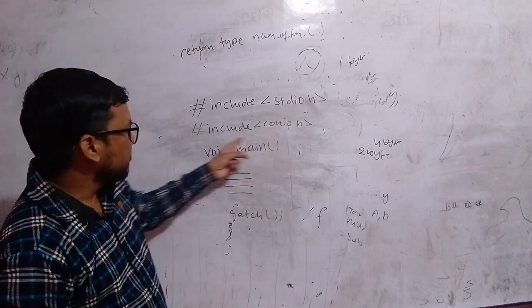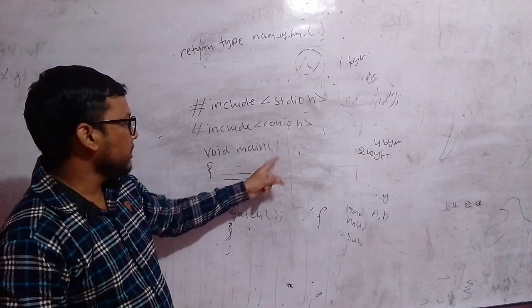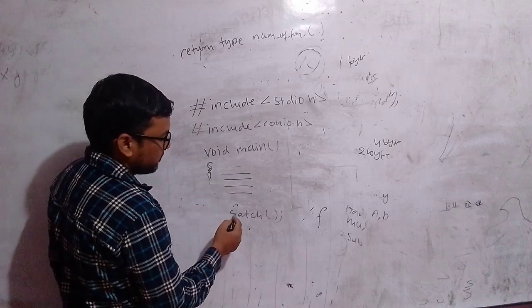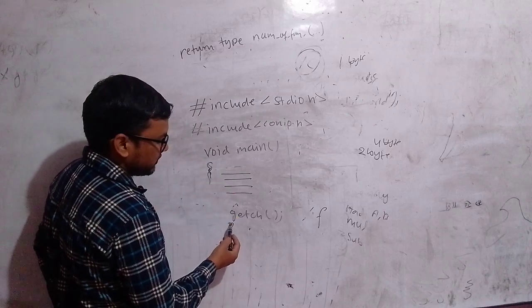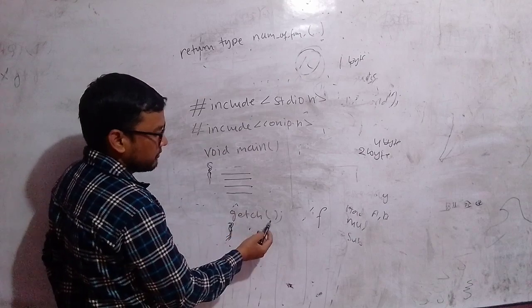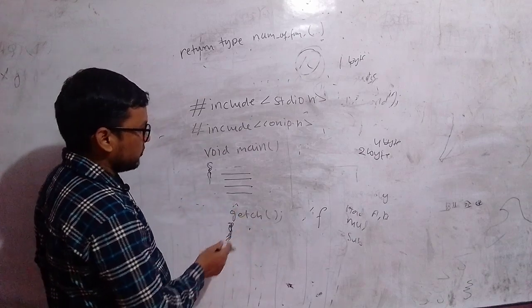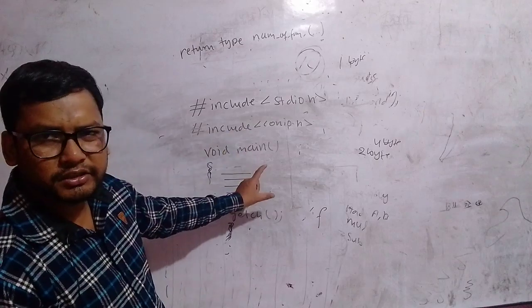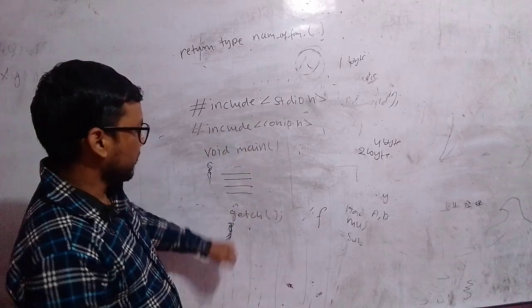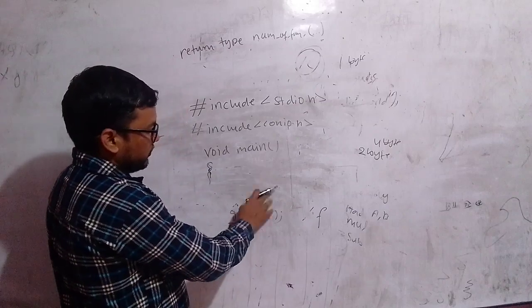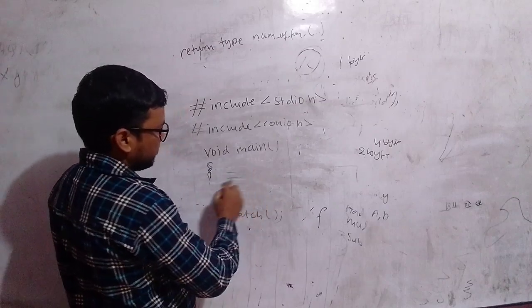Now for the main function, we write void main, give brackets, and write getch just before closing the bracket, which holds the screen to see the output. And this is the basic structure of writing the C programming language. We write the program according to our requirement here.